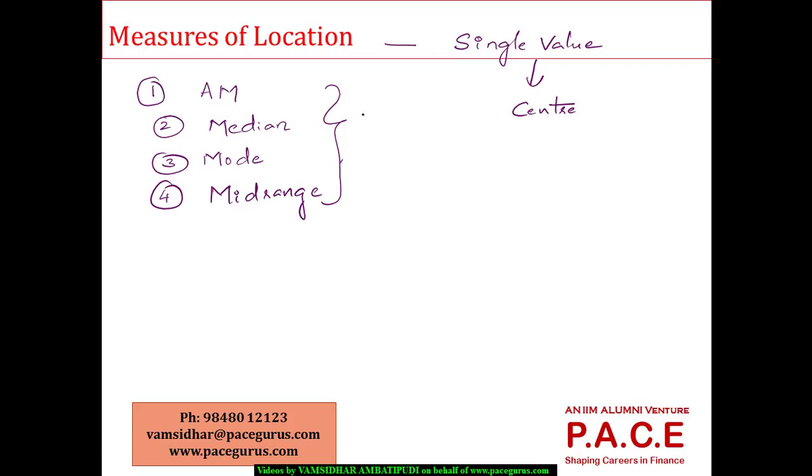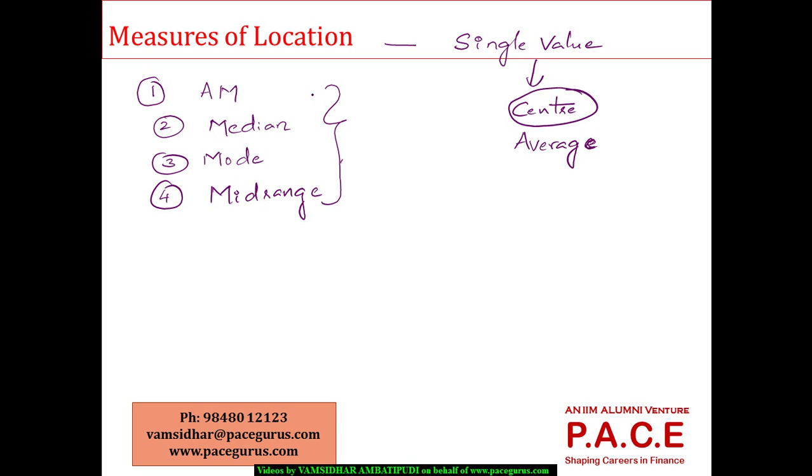Whatever the data set that I am provided, they are going to give me the center of our data. We generally use the word average as a proxy for the center, and in many cases in our daily lives, we use this word average. This average or the centeredness of the data is generally computed by one of these four different mechanisms.